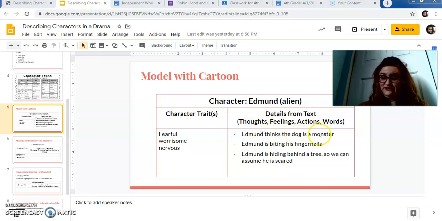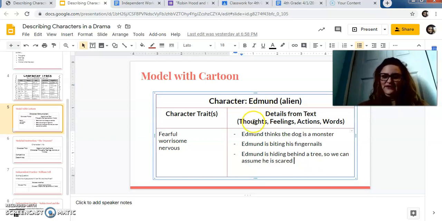Edmund thinks the dog is a monster, so that's something he thinks. Forgive me, I haven't had any coffee yet today. Edmund is biting his fingernail, so that's something he's doing, his actions. Edmund is hiding behind a tree. That's his actions, so we can assume he's scared. That's a feeling. He's also using words, so he even calls the dog a monster. So that's based off of his thoughts, feelings, actions, and words.